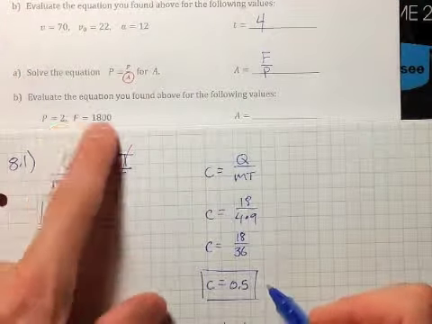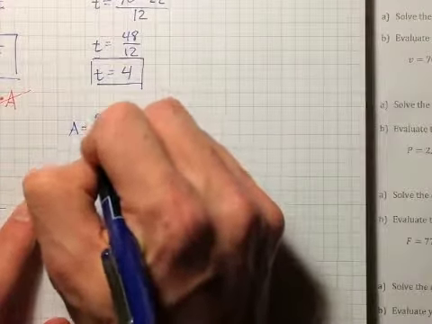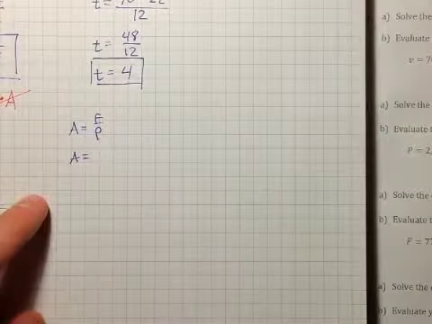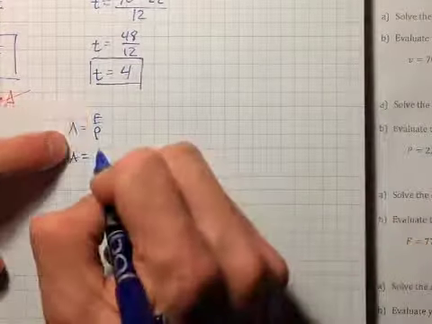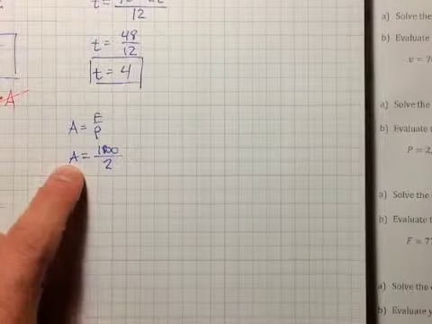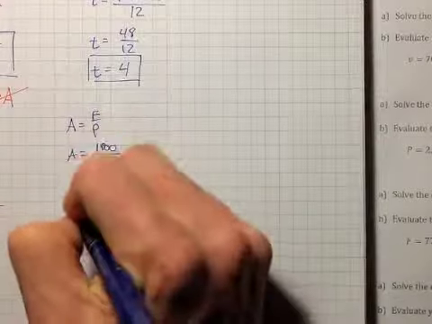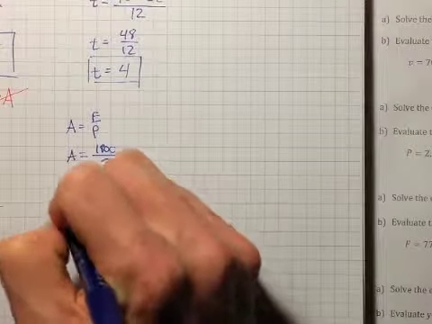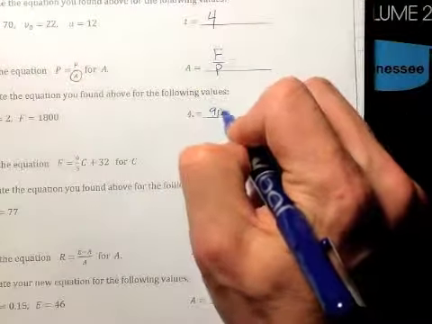So if A is equal to F divided by P, then when F is 1,800 and P is 2, A is equal to the F divided by the P. 1,800 divided by 2 is 900. Bada bang. 900.